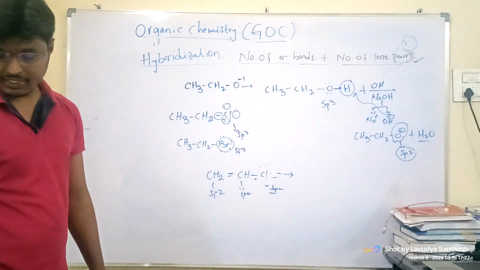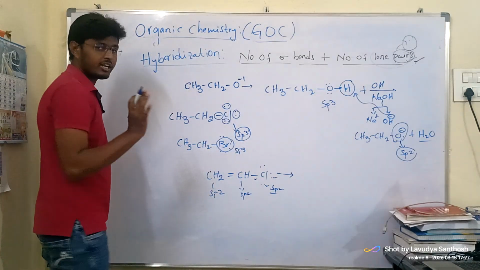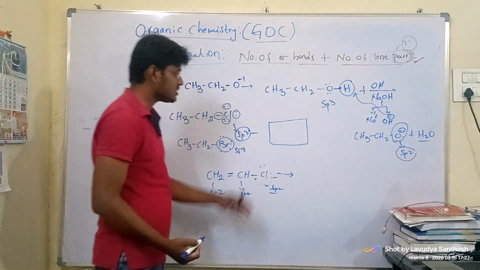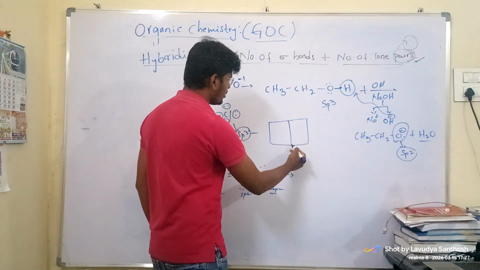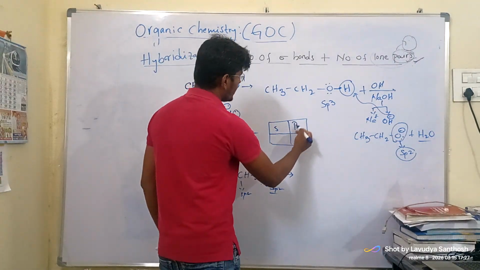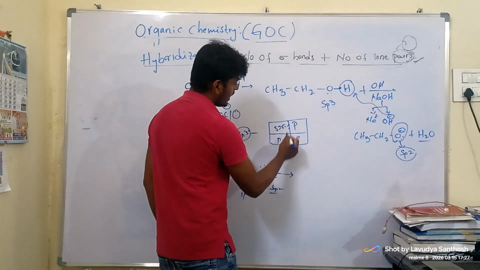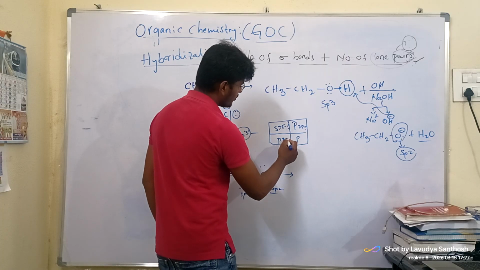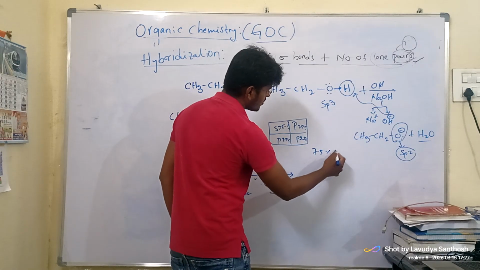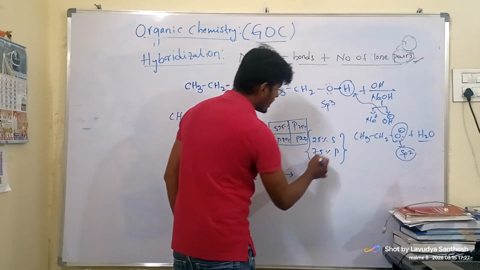If p character increases, for example sp3: imagine this is a bun, or a cake, and you divide it into 4 parts. One part is s, and three parts are p. So sp3 is 25% s character and 75% p character.